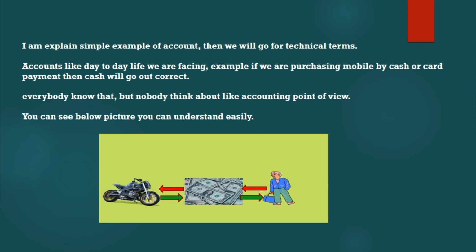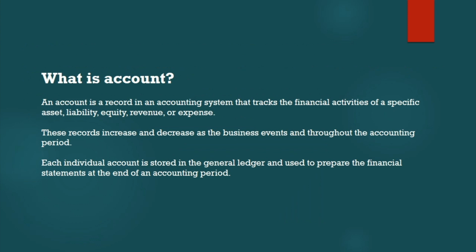In a future class I am going to explain the accounts and what elements we are going to use. Now we are going to see technically what an account is.